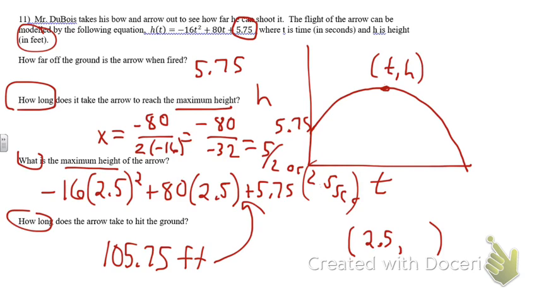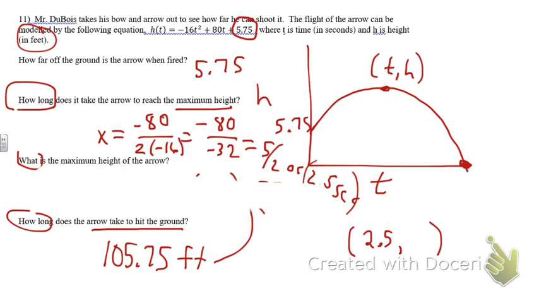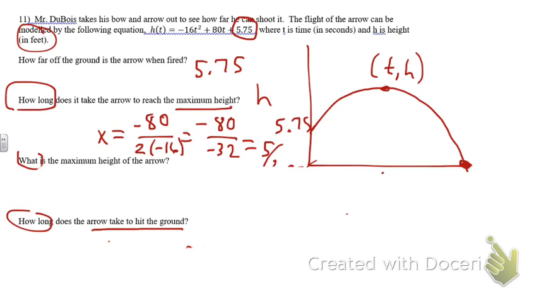How long does it take for the arrow to hit the ground? Okay, so that means I'm trying to find this value over here, which is the 0, which means I have to solve. And I'm not going to factor this. You could factor it if you're a glutton for punishment.